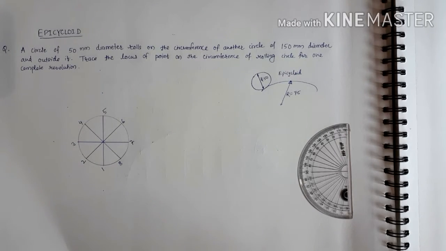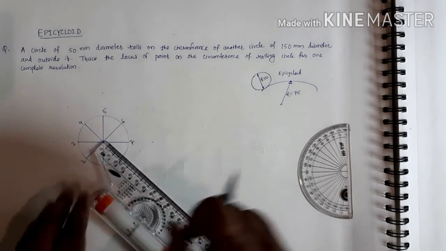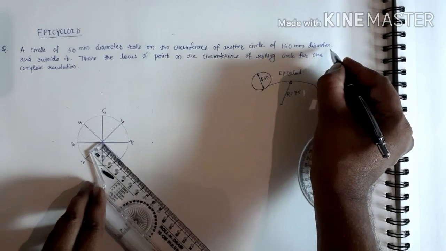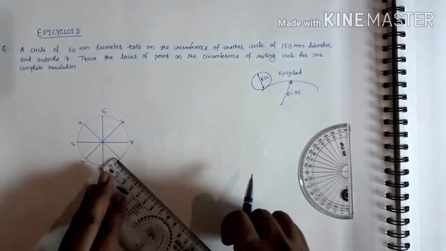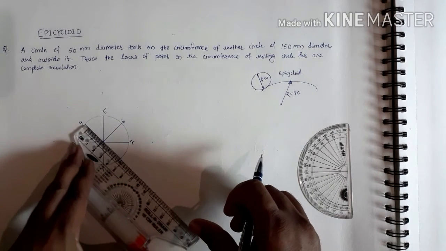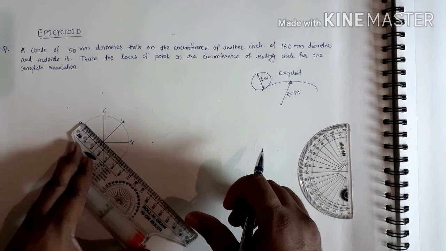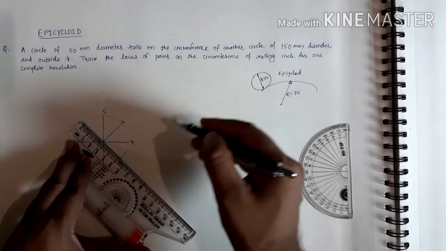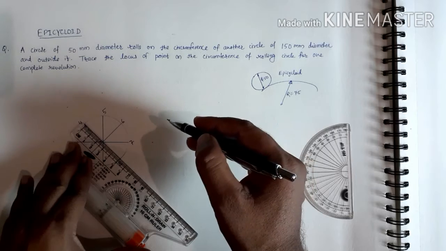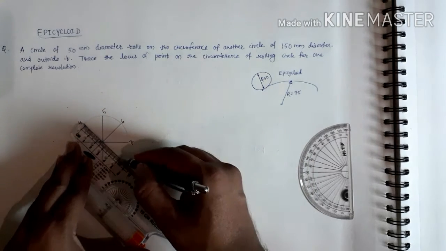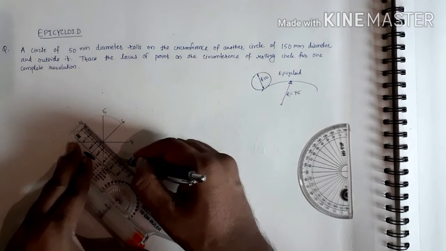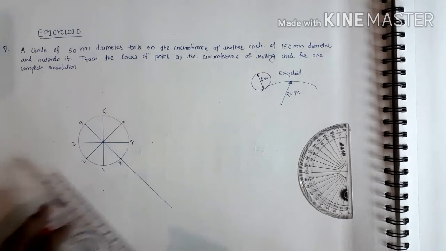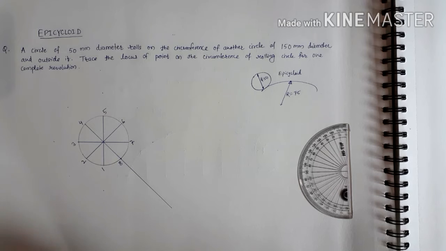Now the second step is, this circle is rolling on another circle of 150 mm diameter, so the radius is 75 mm. So first draw a radius of 75 mm. The starting point will be the circumference of the smaller circle, so from point 8 draw a line of 75 mm.